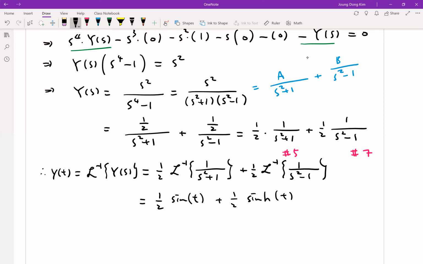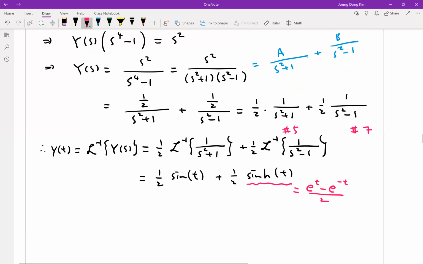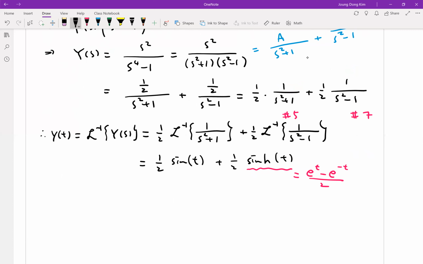Okay, but as I talked about, your solution must be e to the something, right? But it is easy because we know the definitions. Hyperbolic sine is equal to e to the t minus e to the minus t over 2, which is equal to, let me say, 1/2 sine t plus 1/4 of e to the t minus e to the minus t.